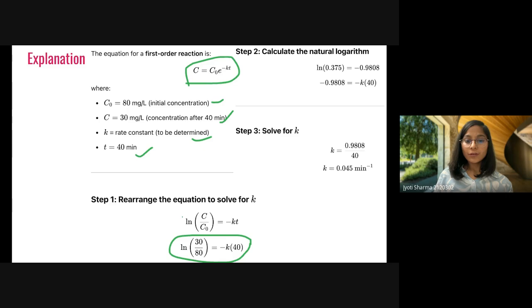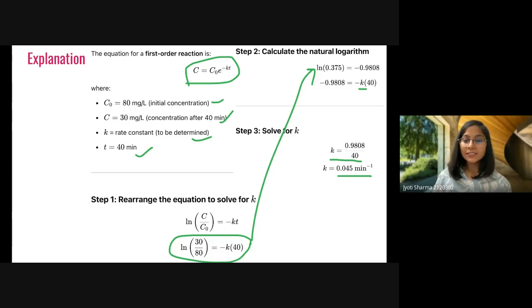Natural log of C upon C naught, so this is 30 upon 80, is equal to KT, where T is equal to 40. Then the natural log of 0.375 gives the value of K, and this K value will be 0.045 per minute.